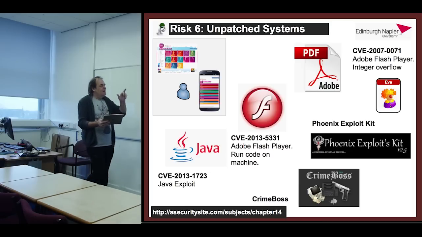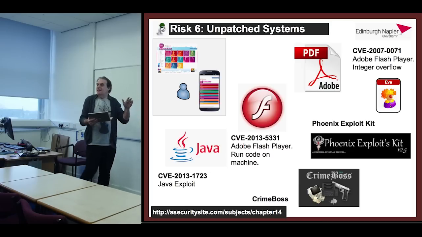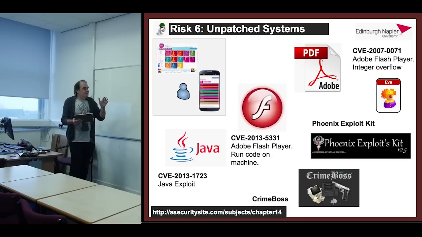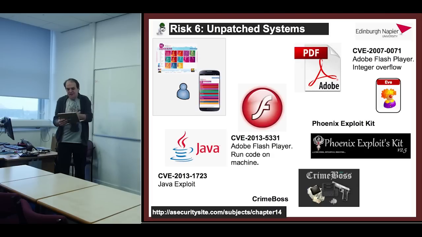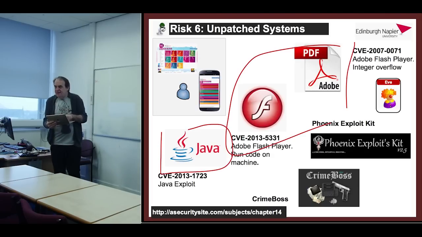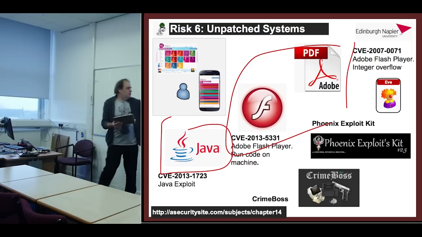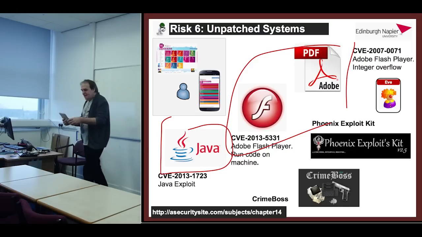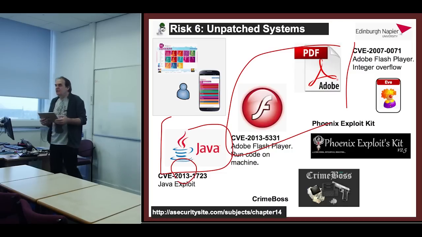And the 3 pieces of malware that have been in the top 10 for many years, and probably still are, are 2 Adobe products and a Java product. The Java exploit, you can see, is 2013, and it's still used.